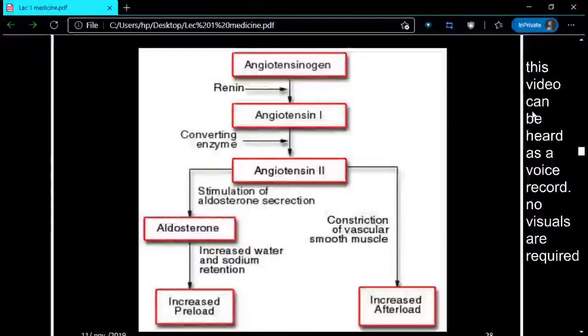Renin converts angiotensin 1 by the angiotensin-converting enzyme, and aldosterone is produced by the adrenal cortex, increasing the preload of the heart, and the afterload is increased by angiotensin 2.